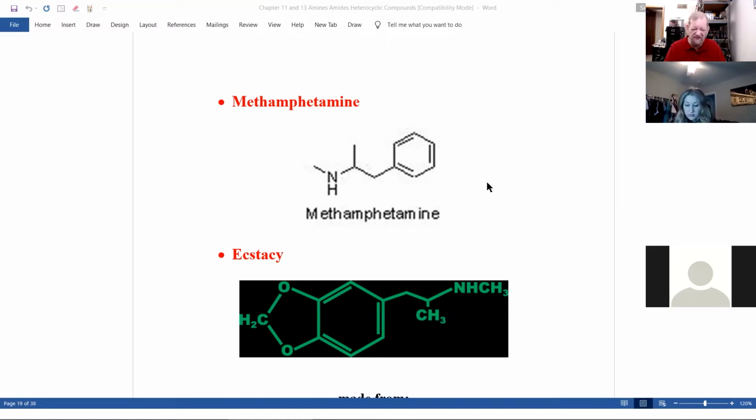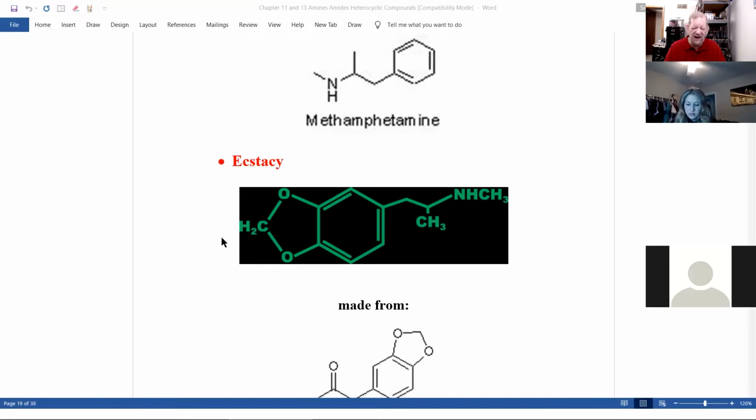Anyways, this is methamphetamine. Now, another molecule that for a number of years in the rave clubs, which I've never been in one, but it was in the news, was ecstasy. And it's very similar to methamphetamine. The only difference is on the benzene ring, you have the acetal of formaldehyde.